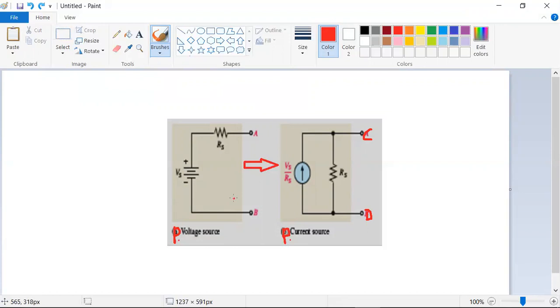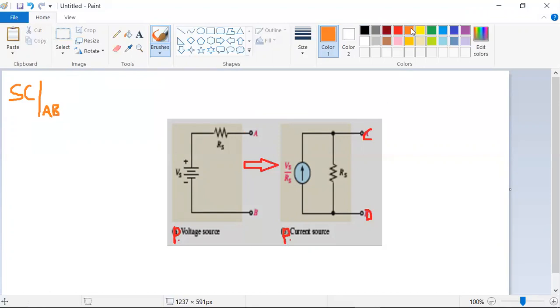Suppose to convert the voltage source into the equivalent current source, short circuiting the terminals A and B is required. So while converting this practical voltage source to the practical current source, let me write one condition: short circuit the terminals A and B. How will you make a short circuit?